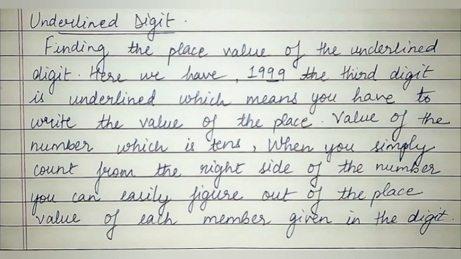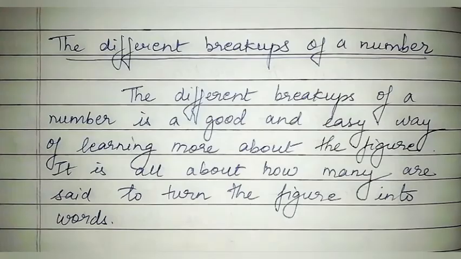When you simply count from the right side of the number, you can easily figure out the place value of each number given in the digit. Like I said, just by counting or reading out the figure, you would understand where the place stands. So finding the place of the underlined digit would become easier for you.